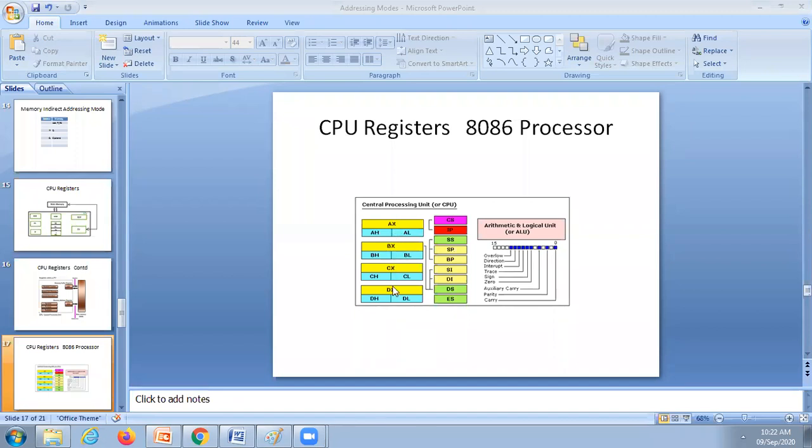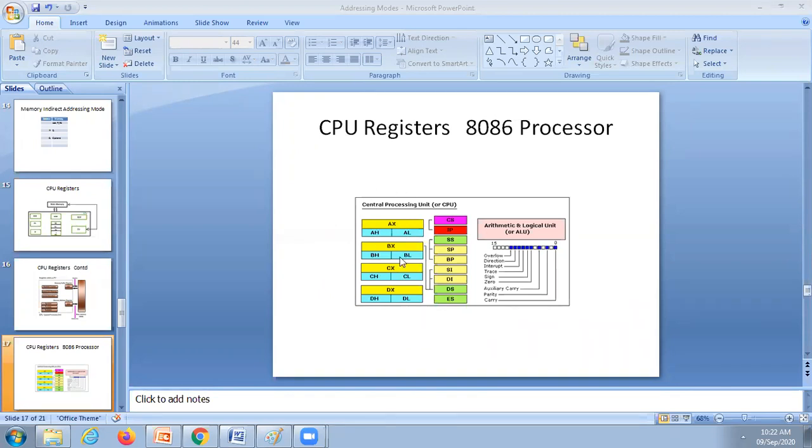AX, BX, CX, DX, all these are 16-bit registers. Again, these are divided into byte registers: AH and AL, BH and BL, CH and CL, DH and DL. That means you can do either 16-bit operation or 8-bit operation with these registers.